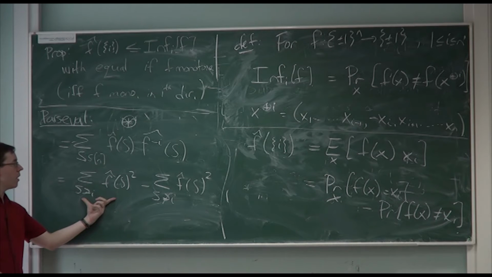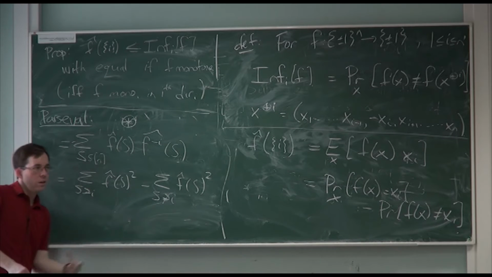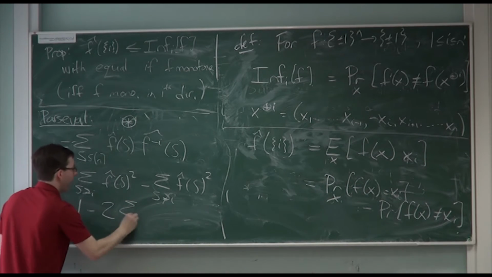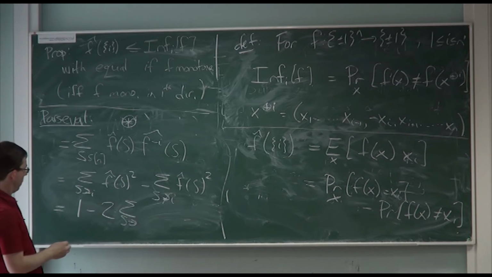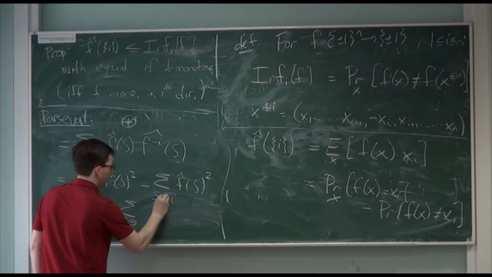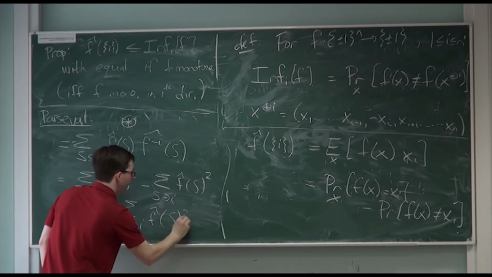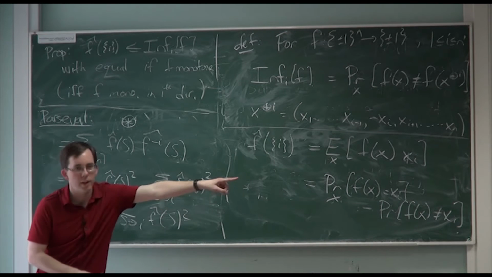So this part is 1 minus this part. So then it's just 1 minus 2 times this part. And that completes the proof by comparing it with that.